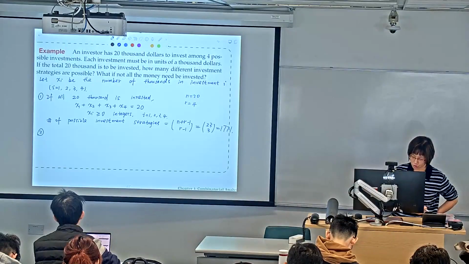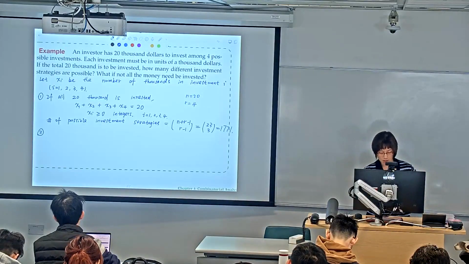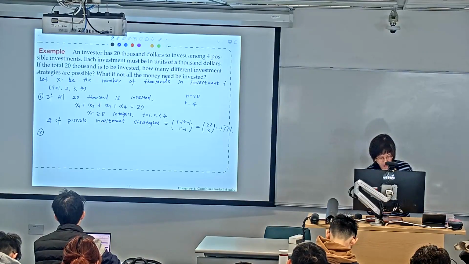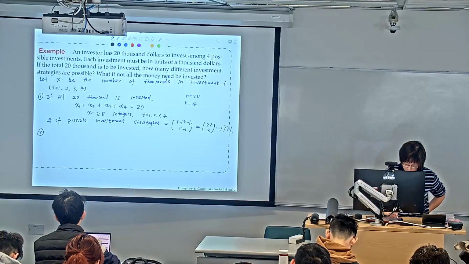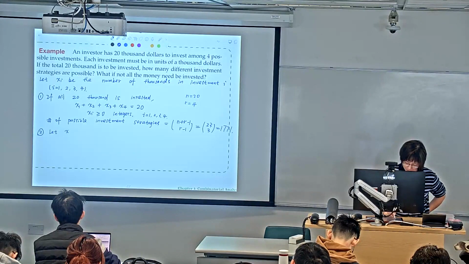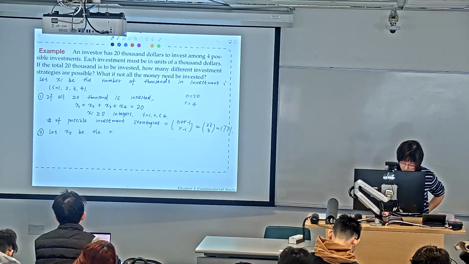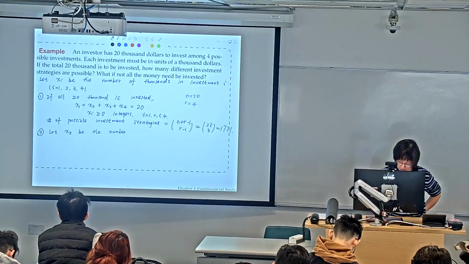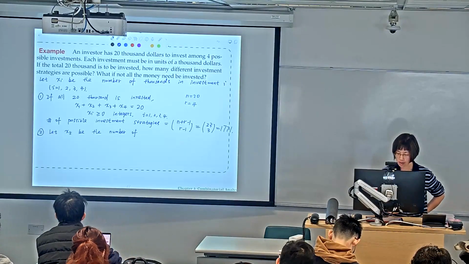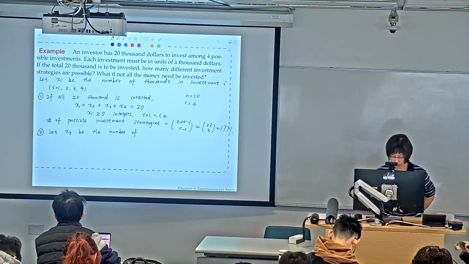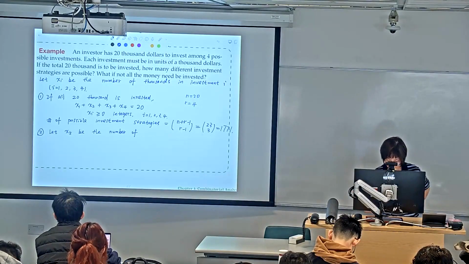But now let's still try to relate this to a linear equation. So we introduce another variable. We let x5 be the number of thousands kept in reserve. So this is the part of money not to be invested.